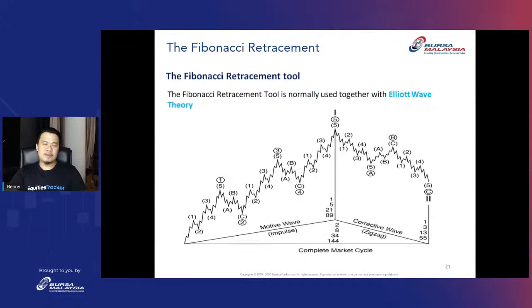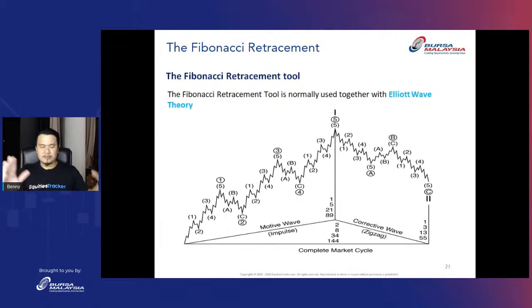Now, the reason why people want to do Elliott wave theory or to count the waves is because they want to know what would be the next wave. All right, so that's the reason why they use Elliott wave, and it's one subject which is not easy to master because you have to follow the rules and you have to do an analysis, right?